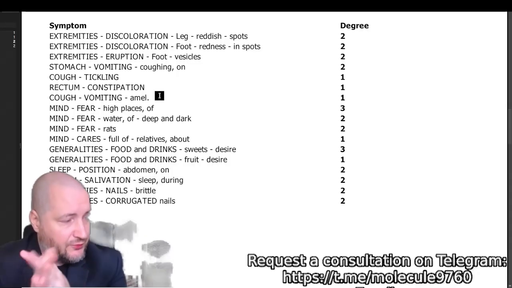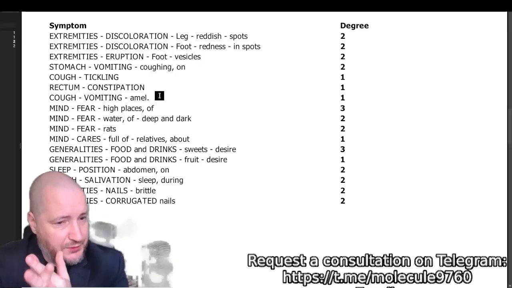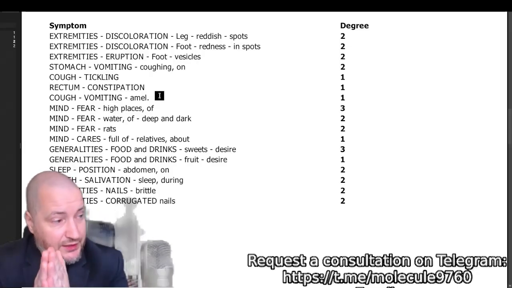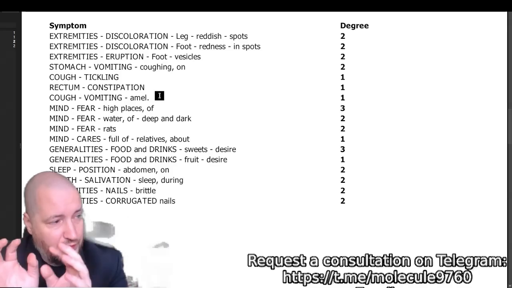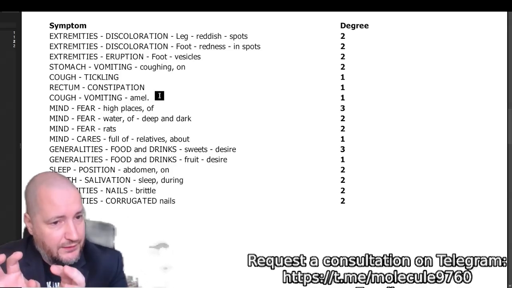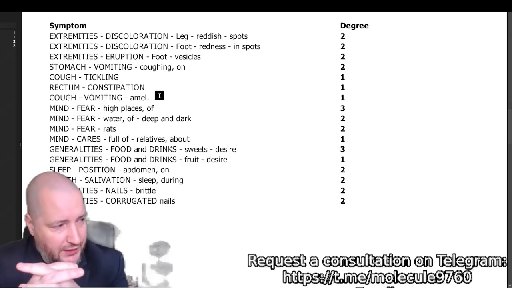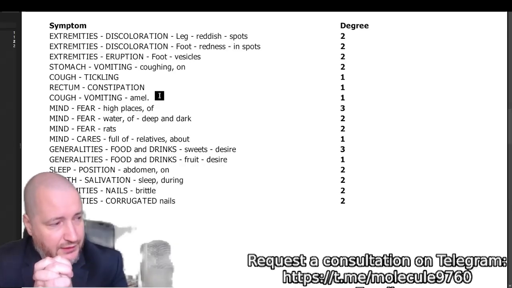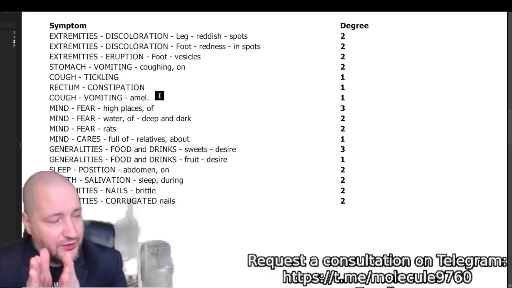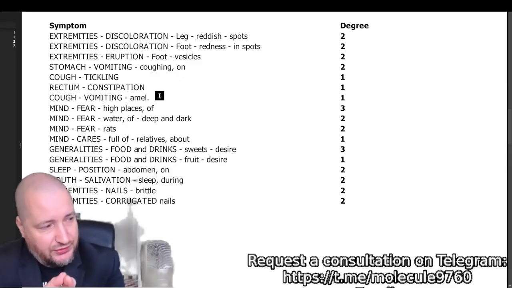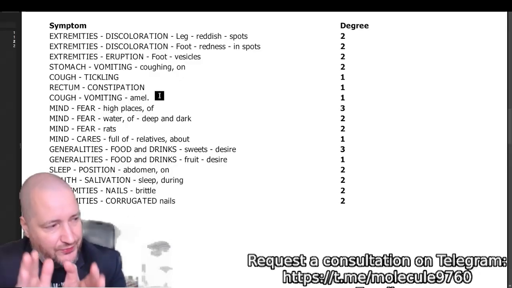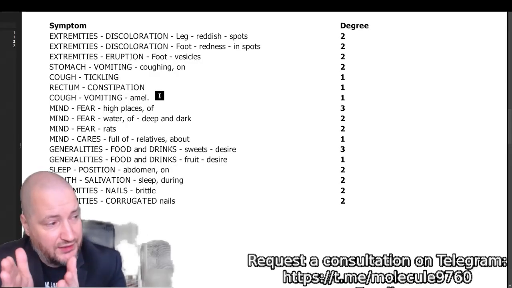But basically, one of the principles is the principle of totality. So you need a remedy which touches on each sphere of the human being. What that means is that in the remedy description, you can find things about the patient in every sphere of human existence.